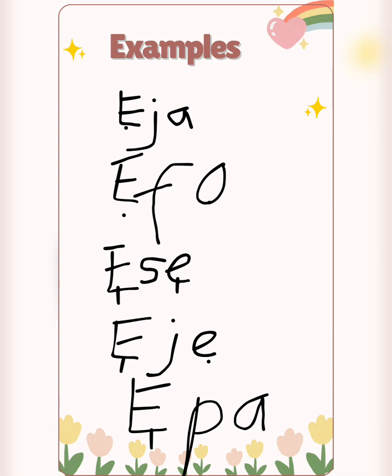Let's go to the next one, ẹ̀jẹ̀. That's the spelling E-J-E, with ẹ, j and ẹ again. When we look at the spelling without applying the sounds, we call it ẹ̀jẹ̀ in Yoruba, but it is blood in English language.